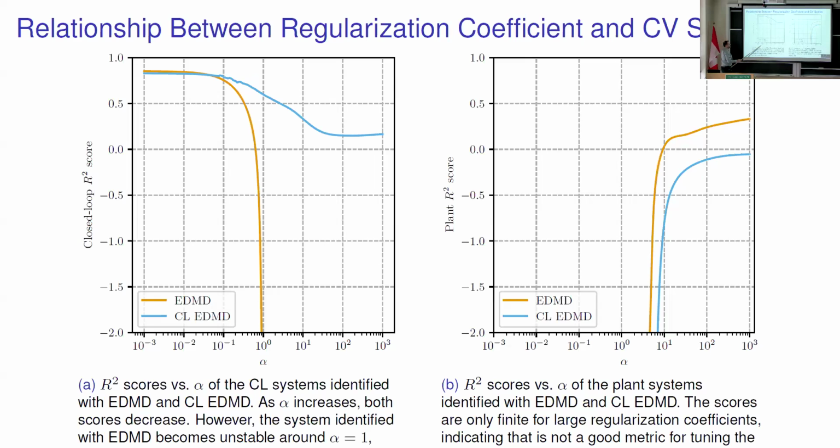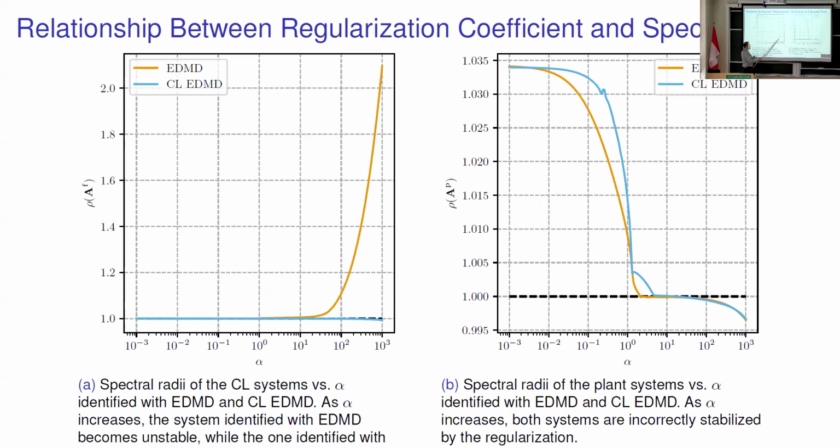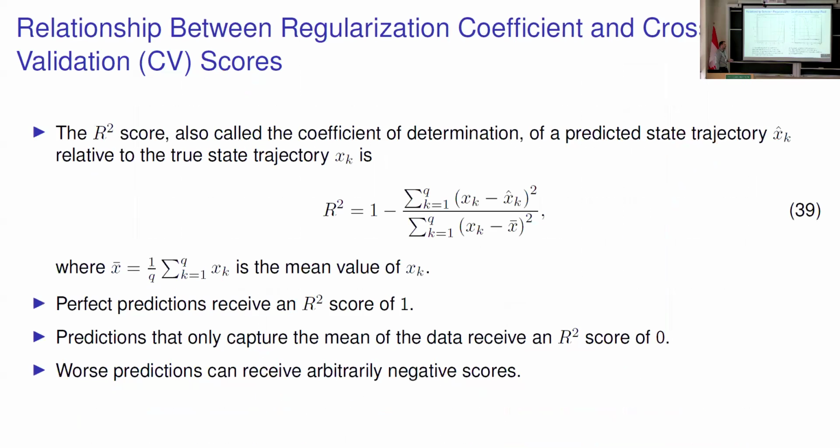And for low regularizer coefficients, it actually kind of makes sense. It gives pretty good predictions. But then it just dives off to negative infinity. Well, why is that? What's this R² score? It's a measure of how good the prediction is. Well, in closed loop, you're getting terrible predictions when you have a high regularizer because it goes unstable, okay? So that makes a lot of sense.